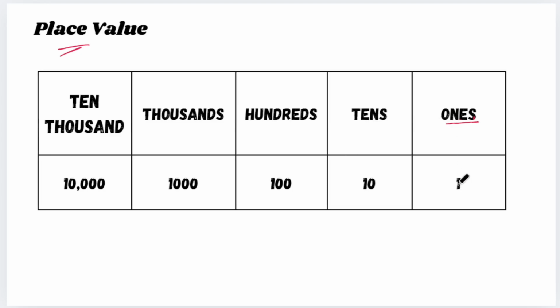Ones means the number should be written as it is. Then tens. Tens means you should add 1 zero. And if a number is in the 100 place, you should add 2 zeros. If it is in the 1000 place, 3 zeros. 10,000 place, 4 zeros. Fine? Is this very clear?